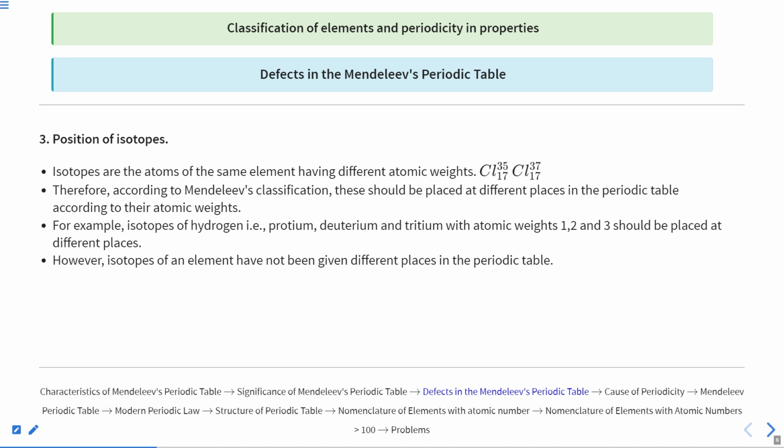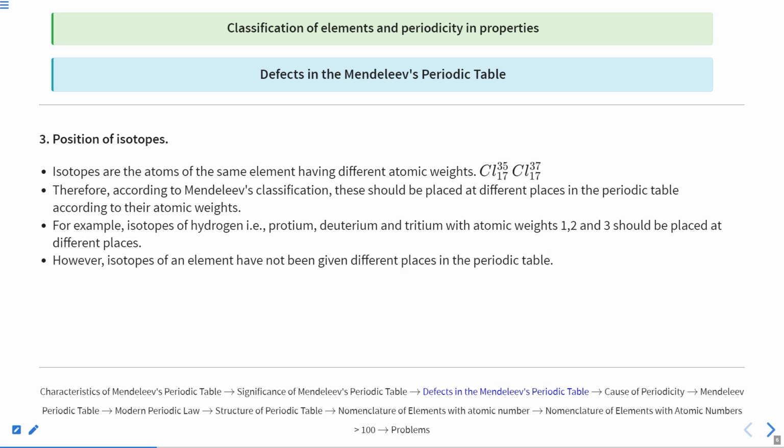Next thing, what about isotopes? If you are saying that atomic weight is the periodic function, meaning the physical properties are a periodic function of atomic weights, then isotopes would show different properties because their atomic weights are different. Consider the case of chlorine, which has 35 and 37 as the possible atomic weights. These two should have different physical properties and different positions in the periodic table, but it is not so, because they both have the same properties.